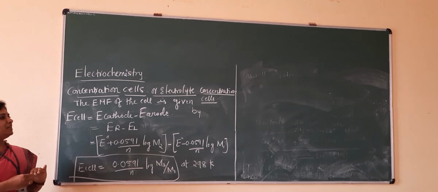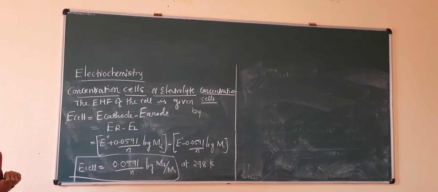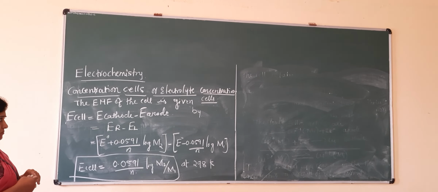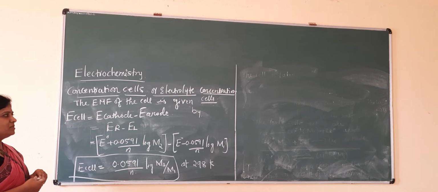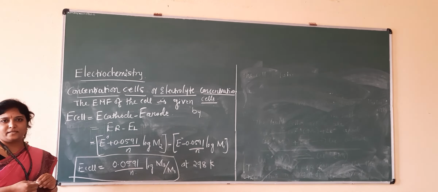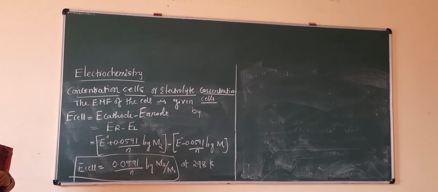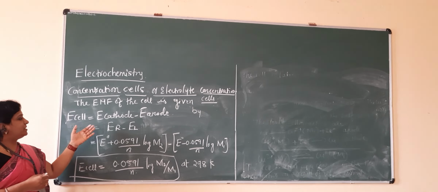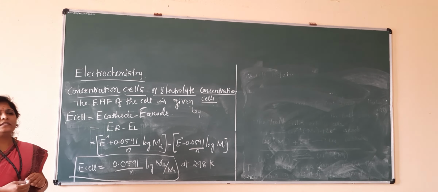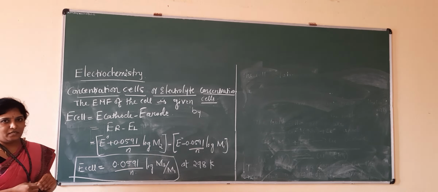Here we have studied the galvanic cell, what a galvanic cell is and how it works, where we have understood the 2 important reactions there, that is oxidation and reduction reactions. Then we have studied the types of electrodes. Of course, there are so many types of electrodes, but we have to study the reference electrodes.